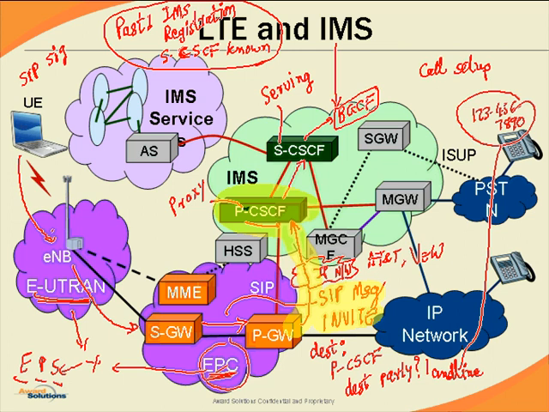Now the BGCF, breakout gateway control function, says, okay, I need to go to PSTN, and it looks like this phone number belongs to this specific area. I will just take an example. Let's say the UE is in Dallas. This is, let's say, Chicago, our destination.